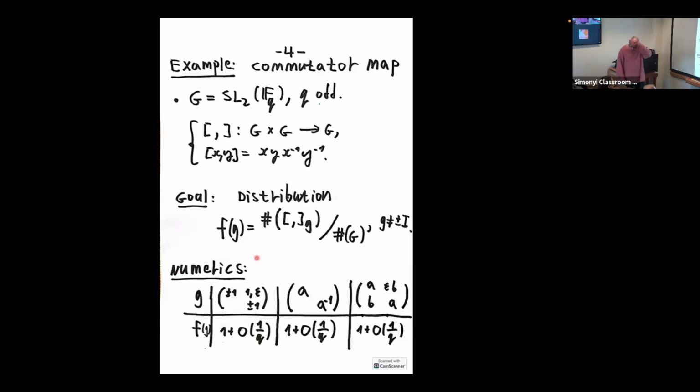And not long ago, I think in 2010, Tiep is here, so Tiep and Shalev and Larsen and Liebeck and I think maybe Guralnick also, don't remember. They proved that if you take any finite simple group, this commutator map is in fact onto.